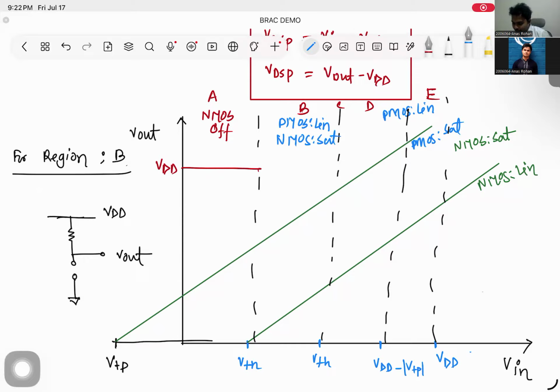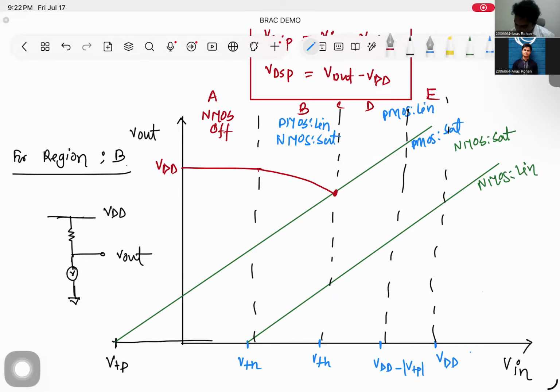As the NMOS is in saturation, we can turn it into a current source, because we know when a MOS is in saturation, it works like a current source. So this is our equivalent circuit for region B. If we increase the V input a little, to match the current in our PMOS circuit, VDD minus Vout should increase. For that reason, the Vout should decrease. So the Vout will decrease like this in our B region.